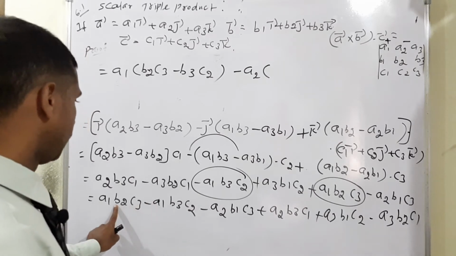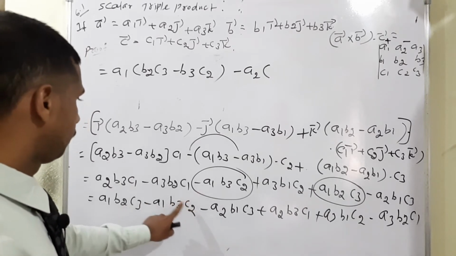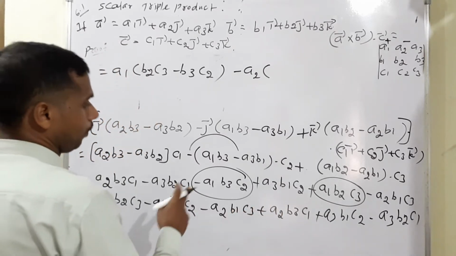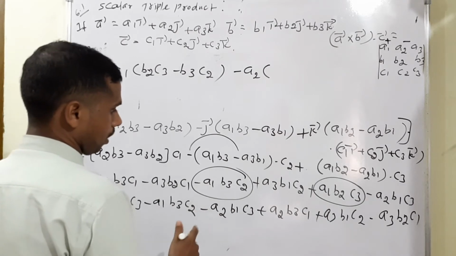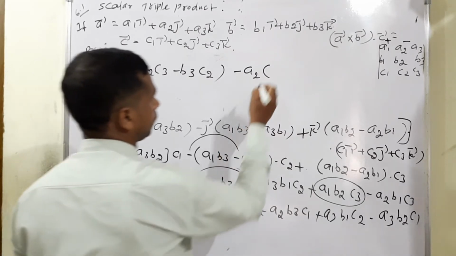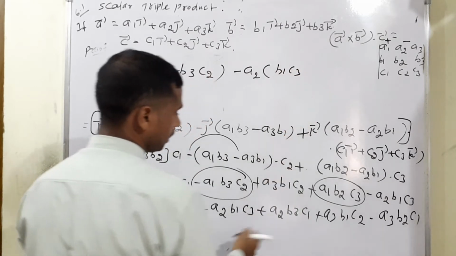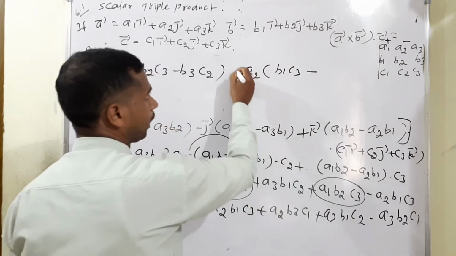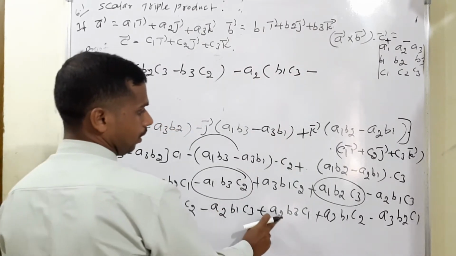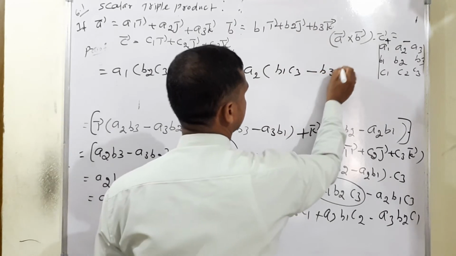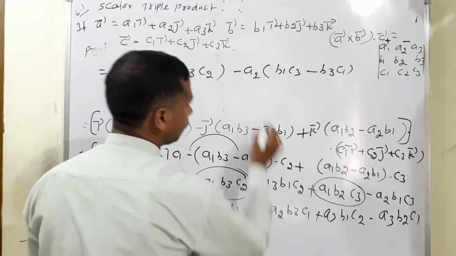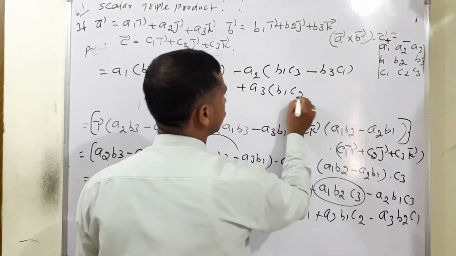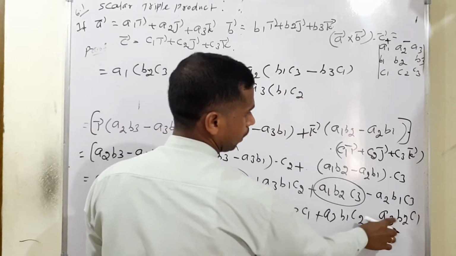So A1 is clear, then minus A2 B1 C3. Now minus A2 take common outside means B1 C3, isn't it? Inside here also minus will come. Then if you remove the bracket, minus into minus, plus term will come. So minus B3 C1. Then next condition, A3 take common outside means B1 C2 minus B2 C1.